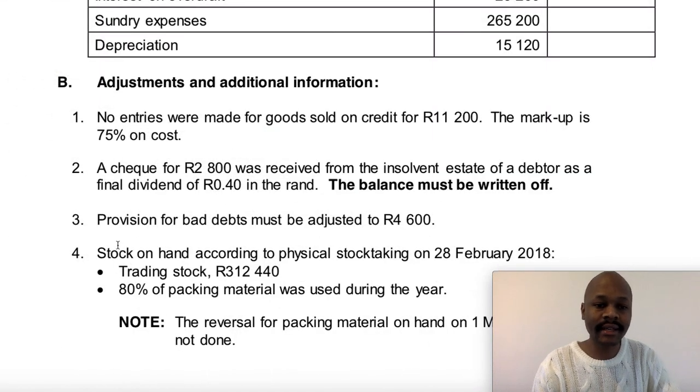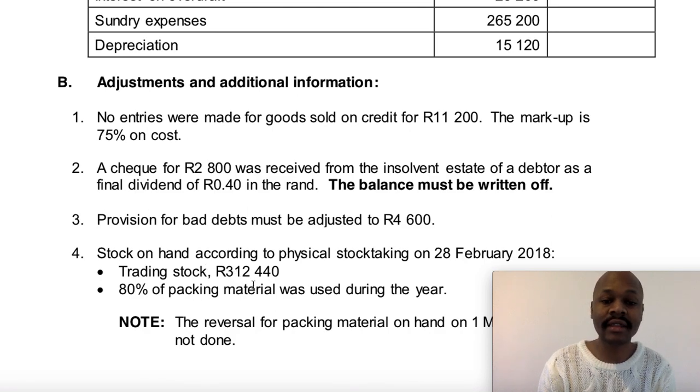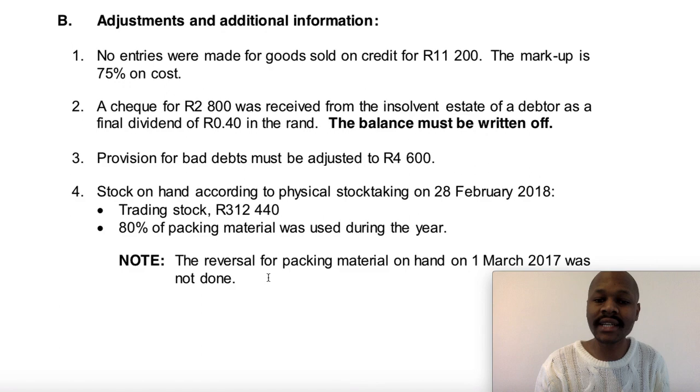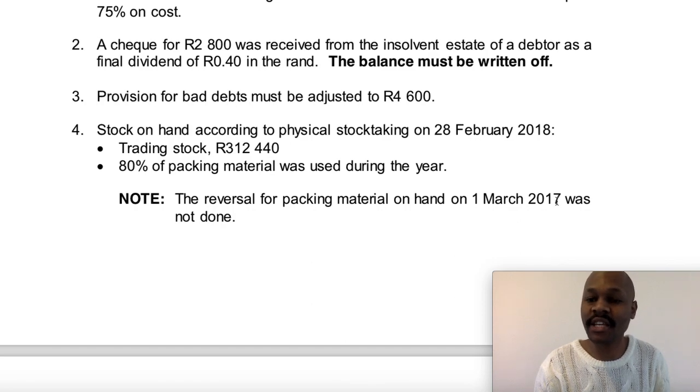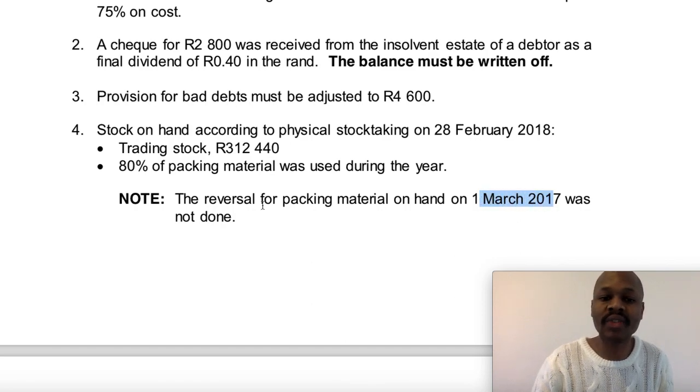Then they say stock on hand according to physical stock taking on 28 February 2018 was 312,440, and they say 80% of packing material was used during the year. Note the reversal for packing material on hand on 1 March 2017, the beginning of the current financial year, was not done.